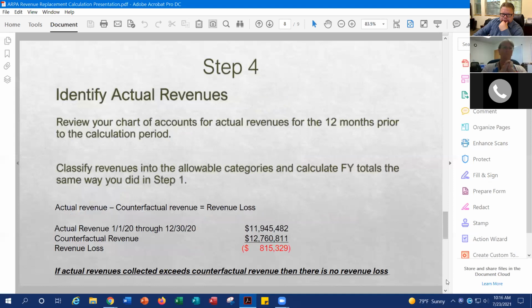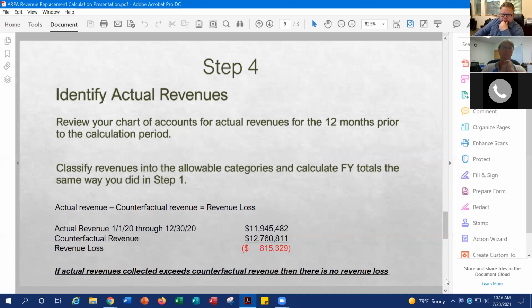So in step 4, then you need to identify your actual revenues. So again, review your chart of accounts for the actual revenues for the 12 months prior to the calculation period, which is going to be January of 2020 through December of 2020. Classify the revenues into the allowable categories, just as you did in step 1.